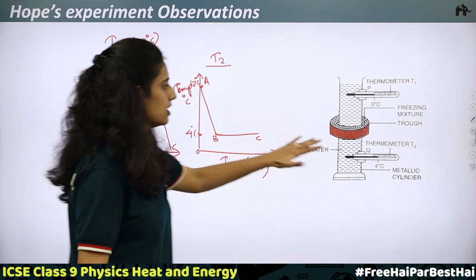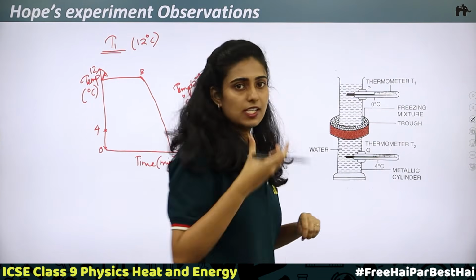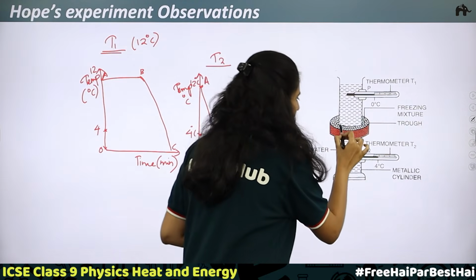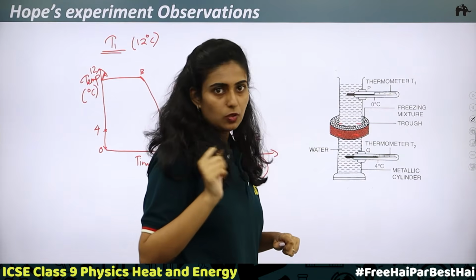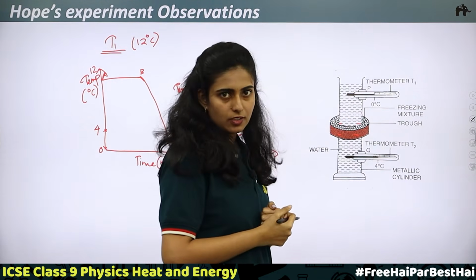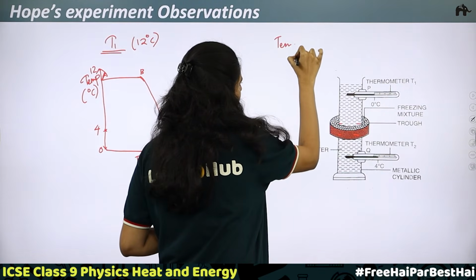Now, actually what is happening here? Because of the freezing mixture of ice and salt, the water in the central region starts cooling. Normally it is at 12 degrees Celsius, it starts cooling. Cooling means the temperature is decreasing.